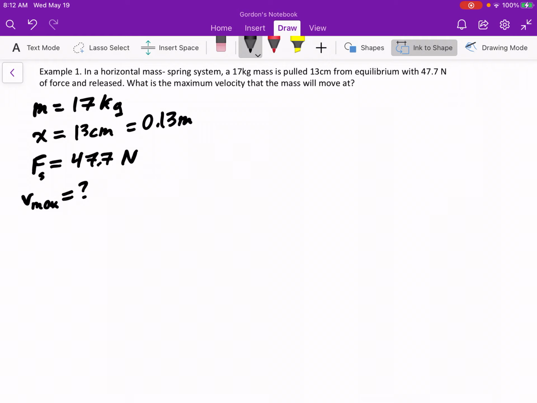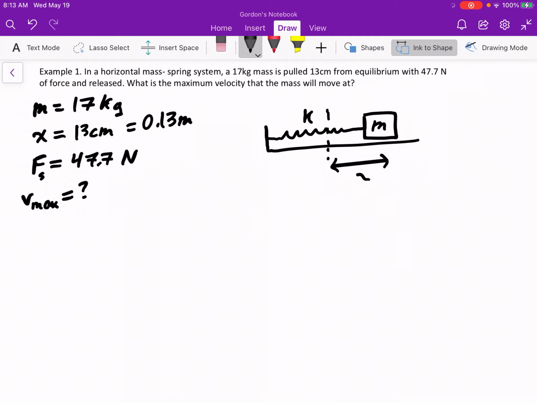So in order to figure out what this maximum velocity is, we're going to have to use conservation of energy. So at the situation in which it is fully stretched out, let's say we've got some mass stretched out 13 centimeters here.